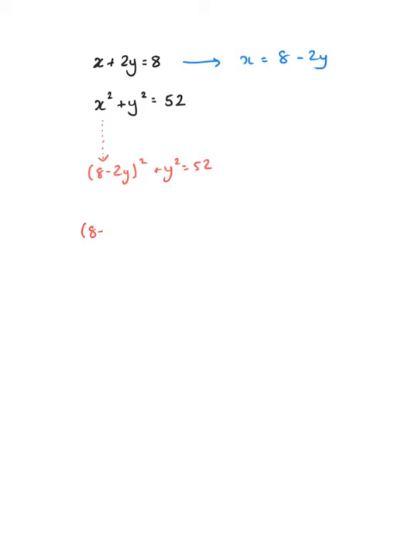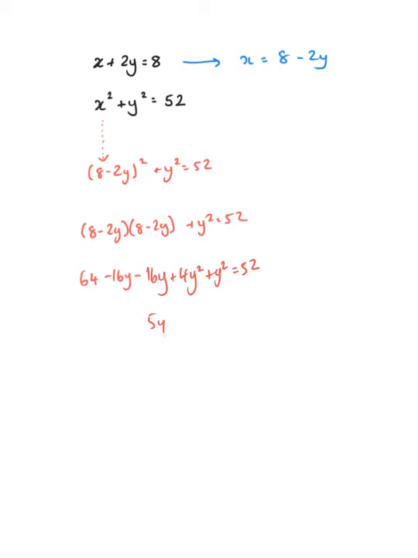Now remember, be careful here. 8 minus 2y squared means that you have to write it, you've got the same bracket twice. So here I get 64 minus 16y minus another 16y plus 4y squared plus y squared is 52.